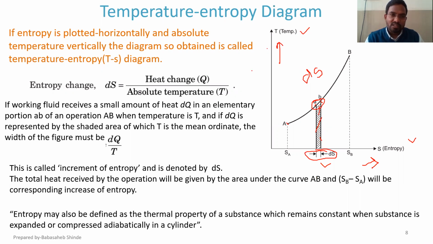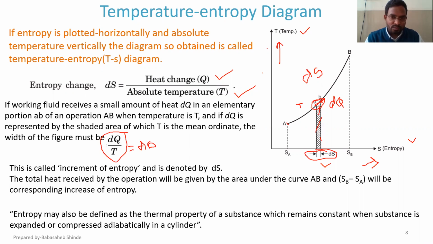Okay, the relationship is like ds is the ratio of heat change and the temperature at which that heat interaction takes place. For this process AB, if I consider temperature is T and the amount of heat interacted is dq, then if I take ratio of dq by T, that is nothing but change in entropy ds.